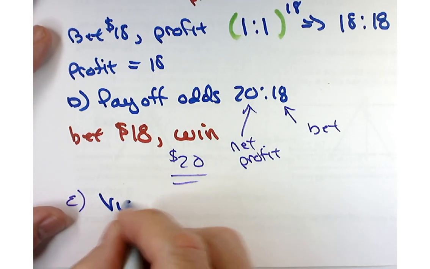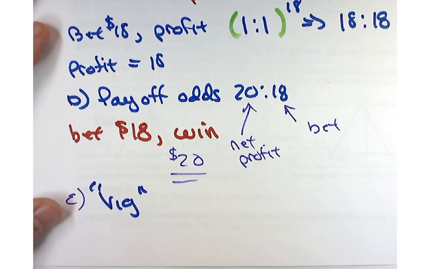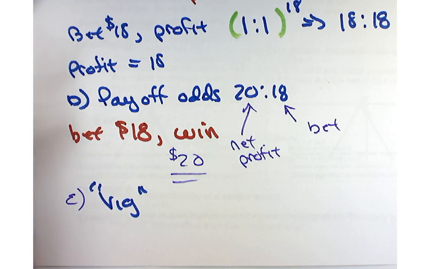But the vig or the vigorish is basically the house's advantage over you. And in the game of roulette, I think the house's advantage on you is about 5.5%. So that house advantage over time is going to catch up to you. If you keep playing that game, eventually you will lose with probability 1.